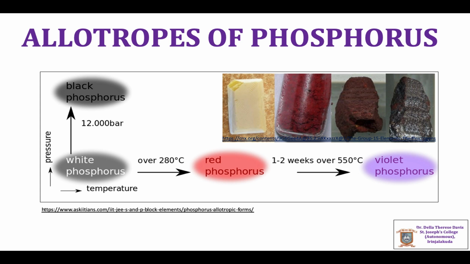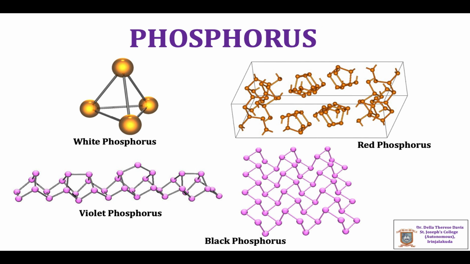The various allotropes of phosphorus are shown here: white phosphorus, black phosphorus, red phosphorus and violet phosphorus. White phosphorus exists as P4 tetrahedra.